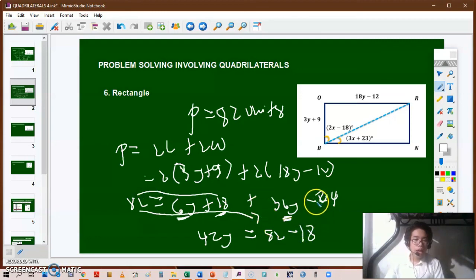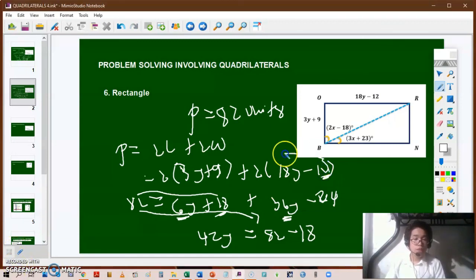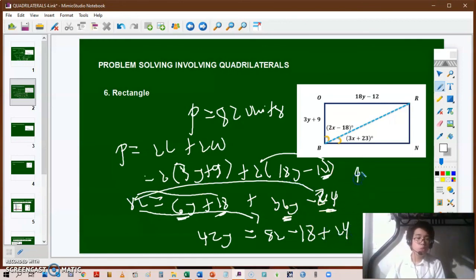And then we have here 2 times, let's just make sure, this is going to be 12. 12 times 2 is going to be 24. So that's going to be minus 24, and if you transfer that to the other side, that's going to be plus 24. So that's going to be 42y.